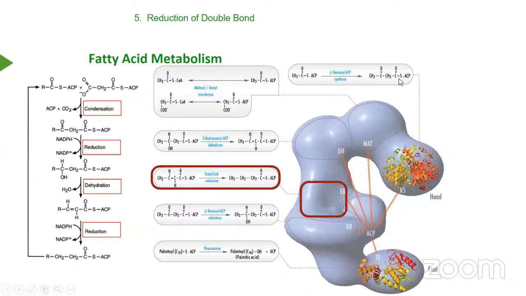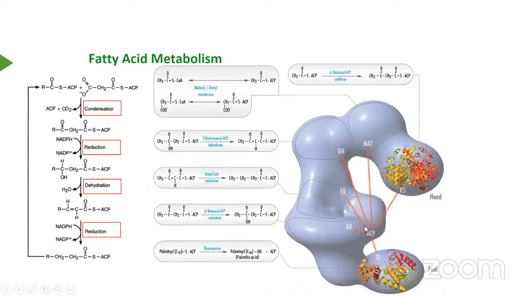Once this structure is formed, it will be further reduced in the presence of this beta ketoacyl ACP reductase. After reduction, you will have OH and H. So water can be removed, one H from here and one OH from here, so that you will have a double bond structure here, and the dehydratase will create that double bond. After the double bond, you can easily reduce it with the help of reductase.